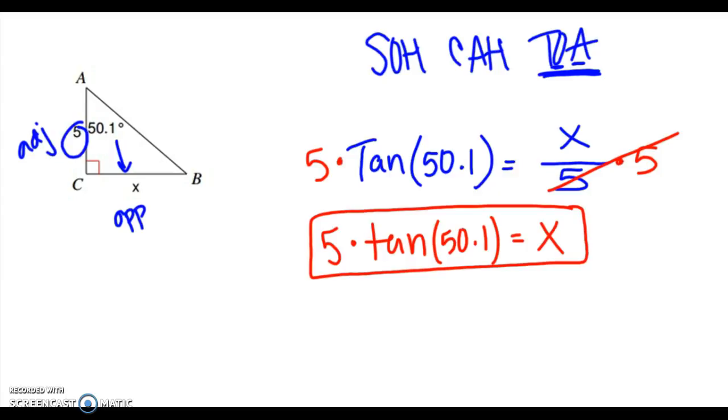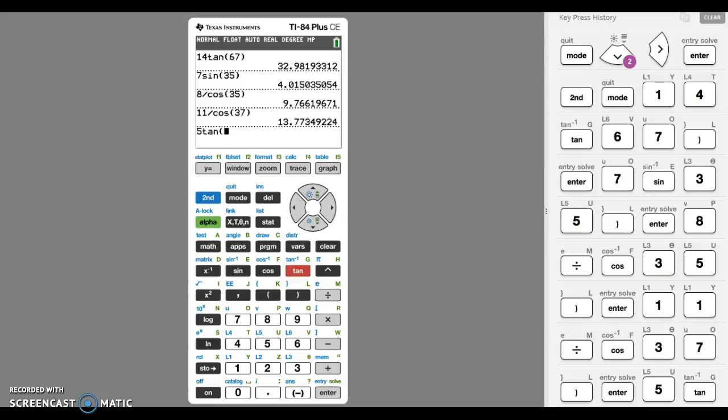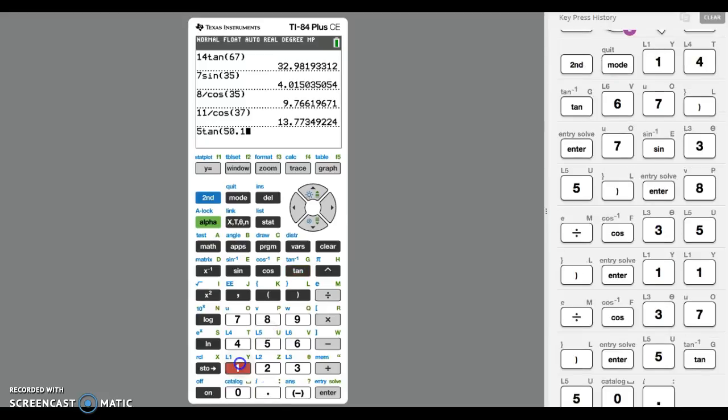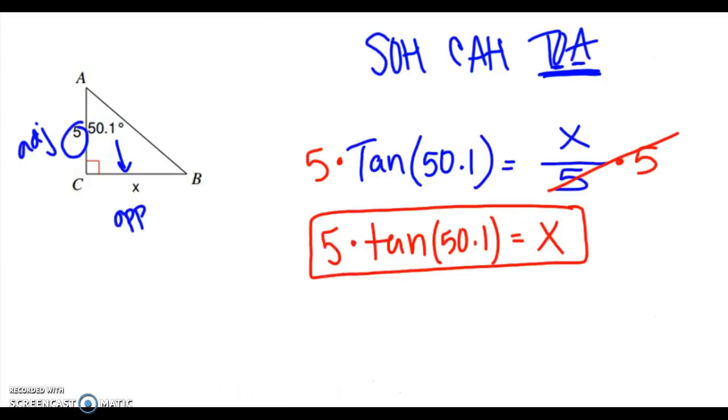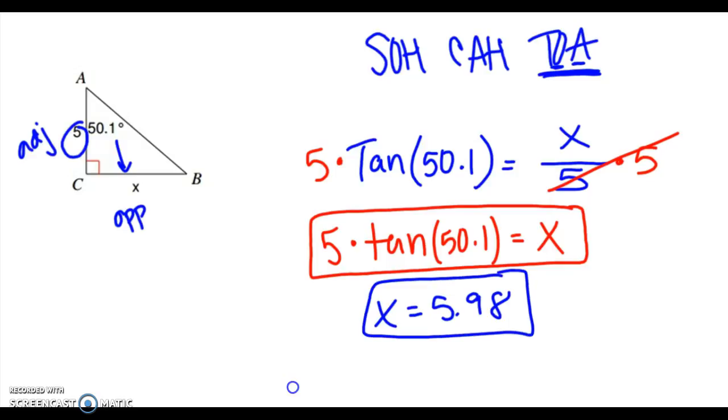So I'm going to plug in 5 times tangent of 50.1, enter, and it's pretty close to 6, 5.98. So 5.98 is going to be my x, or my opposite side. And these are all approximate answers. Obviously, it's not going to be perfect every time.